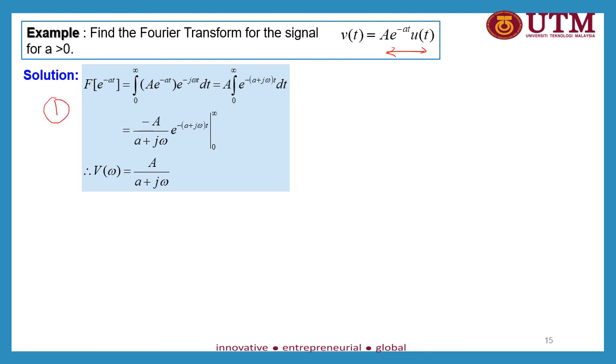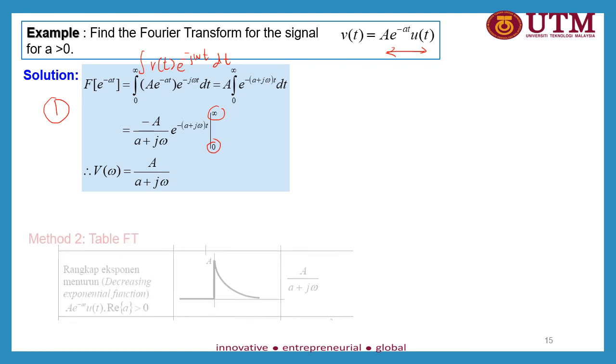Don't forget the basic equation is the integration of v(t) e to the minus j omega t dt. So this is your v(t). Perform the integration for a larger than 0 up to infinity. So you get V(omega) equal to A divided by a plus j omega.